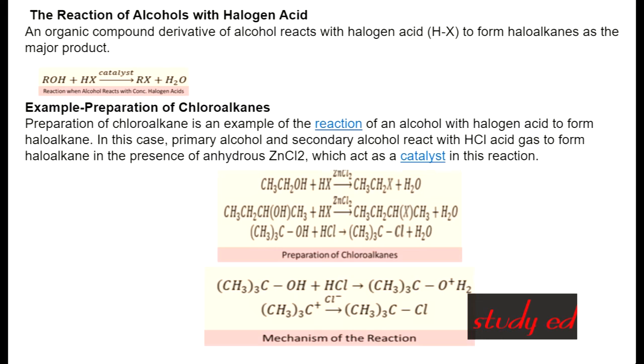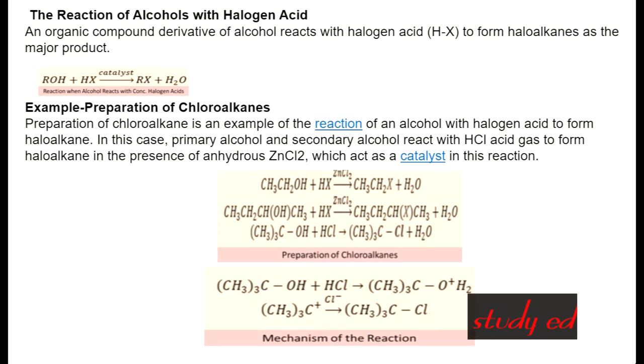So in this case, we add a catalyst like ZnCl2. Why? Because OH is not a very good leaving group. So ZnCl2 coordinates with the lone pair of electrons on the oxygen atom and forms a complex which is a better leaving group.